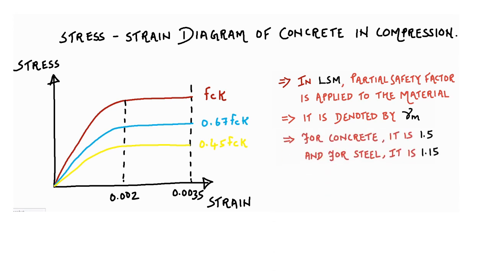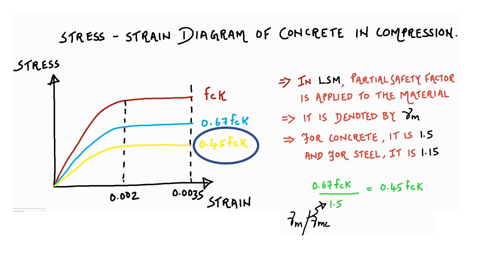In RCC we have two materials, concrete and steel. For concrete the partial safety factor is 1.5 and for steel it is 1.15. Some day we will see the reason why it is less for steel and more for concrete. Now when the partial safety factor is applied to the concrete, the value comes to 0.45 FCK.